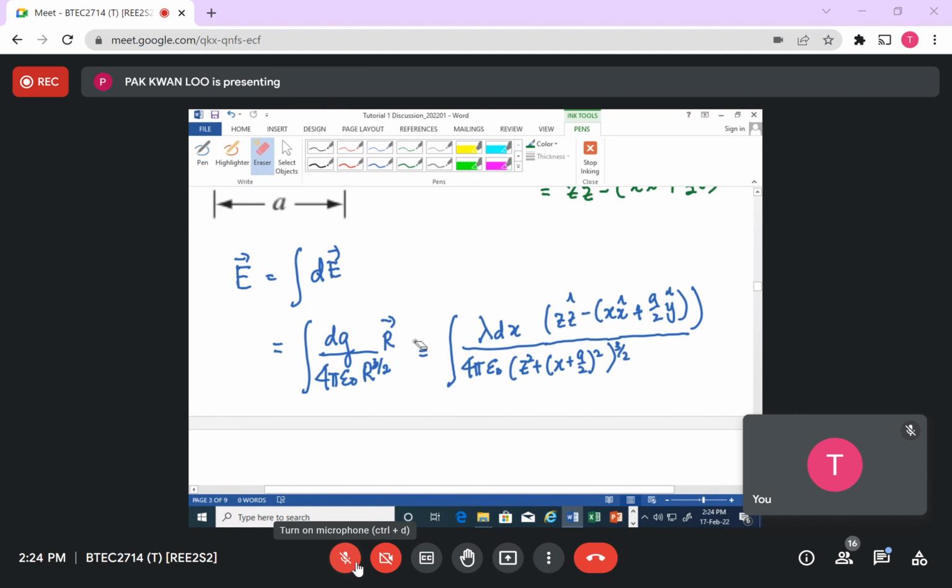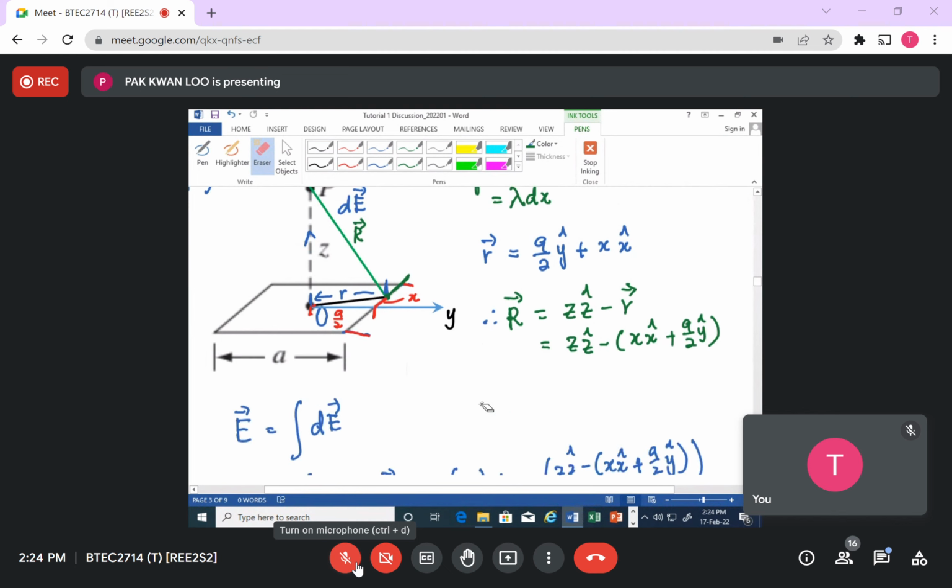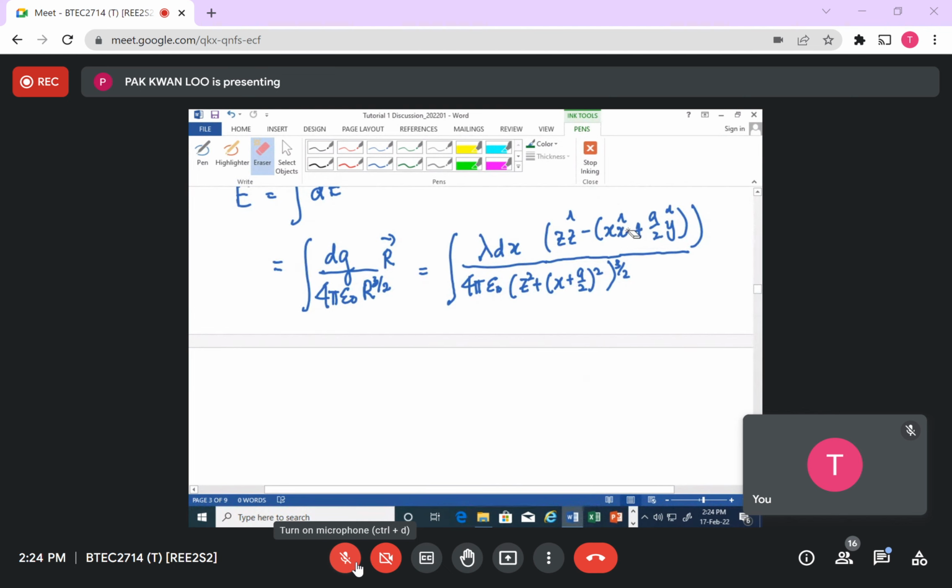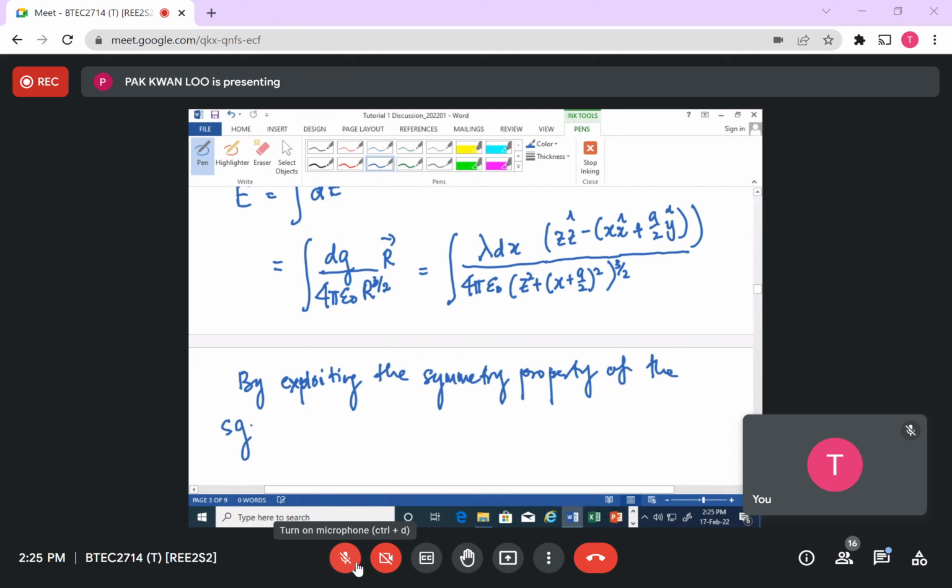If we exploit the symmetry property of the charge density of the square loop, then we do not have to take into account the x component and y component.